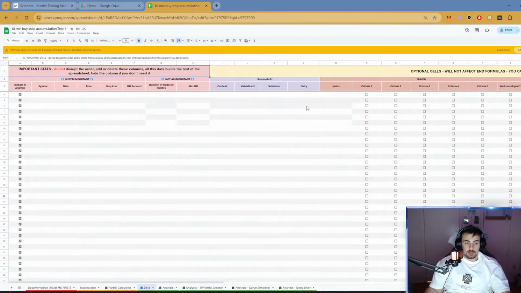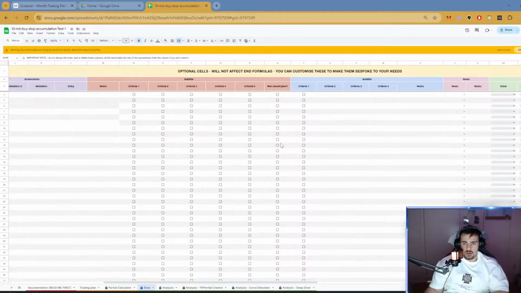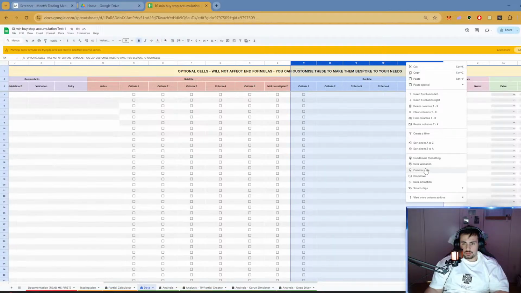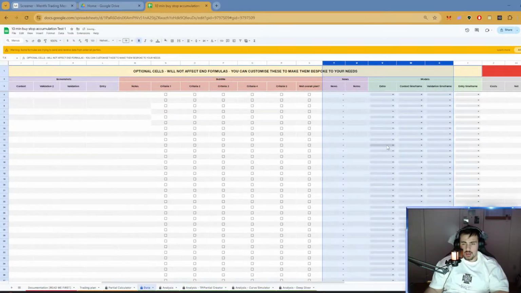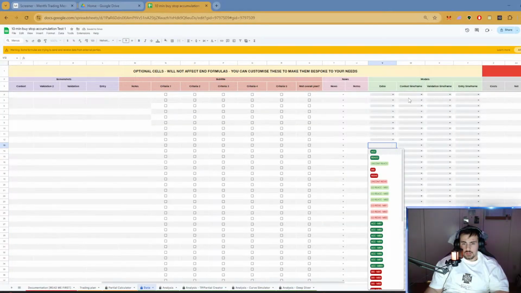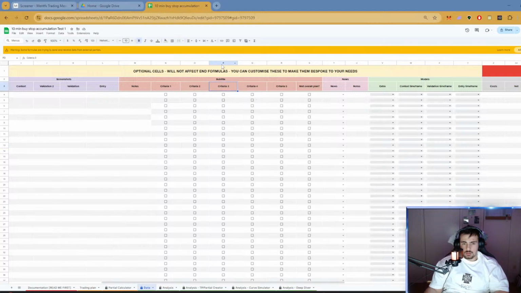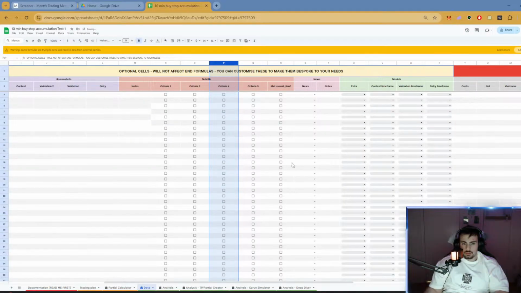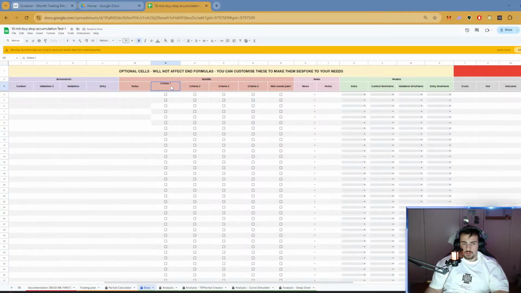I'll survive. Now, this is a new sheet, so I do want to see if I can get rid of anything here. Like these, I think I'm going to get rid of. Don't think I'm going to use these columns, so I can delete that. Weekly, daily. I can get rid of this. And I can actually change this.